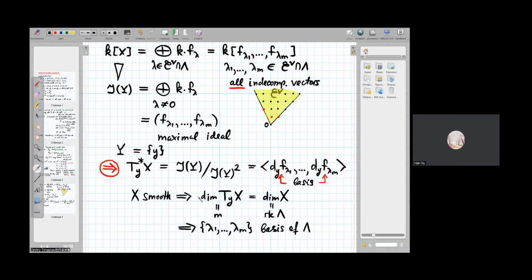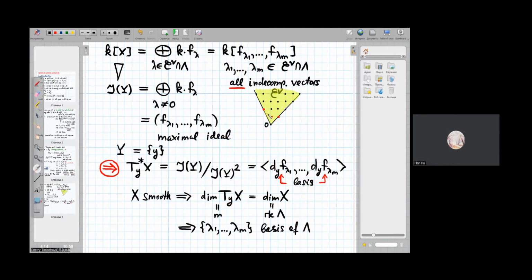Well, because from this equality we know that these vectors lambda 1, ..., lambda m, which are marked here by red dots, for example, are linearly independent. There are as many of these vectors as the rank of lambda is.